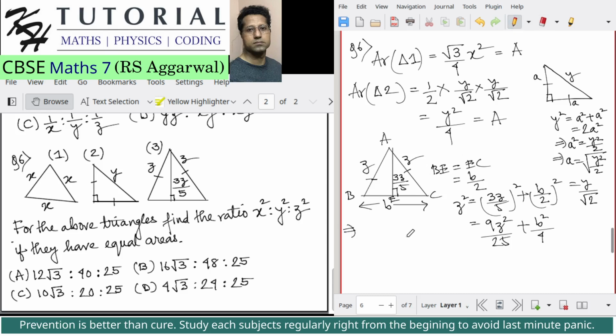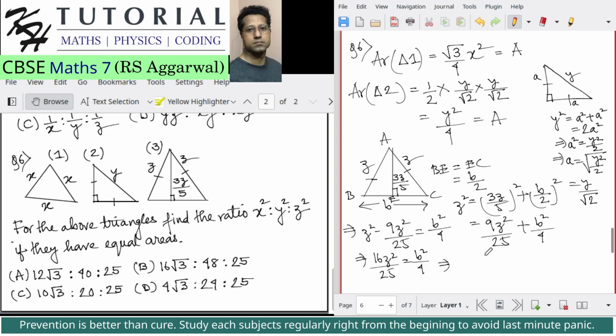If I take the z square term to the left hand side, I will have z square minus 9z square by 25 is equal to b square by 4. If I simplify the left hand side, it will be 16z square by 25 is equal to b square by 4.